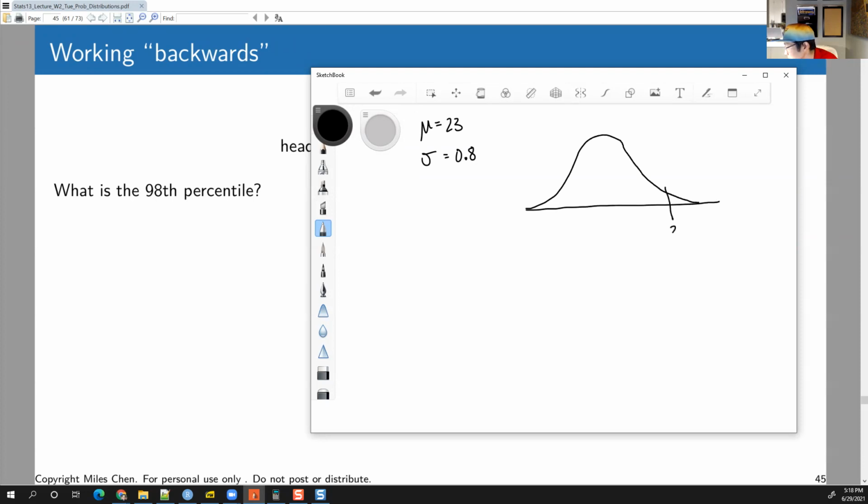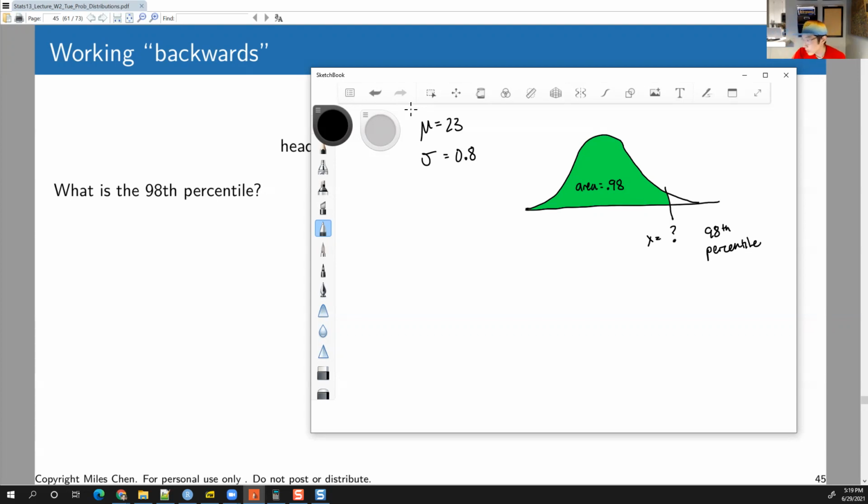There's some number here such that when I shade in the area over here, this area equals 0.98. That's what we're saying. This is the 98th percentile. And we want to know what is this number here?